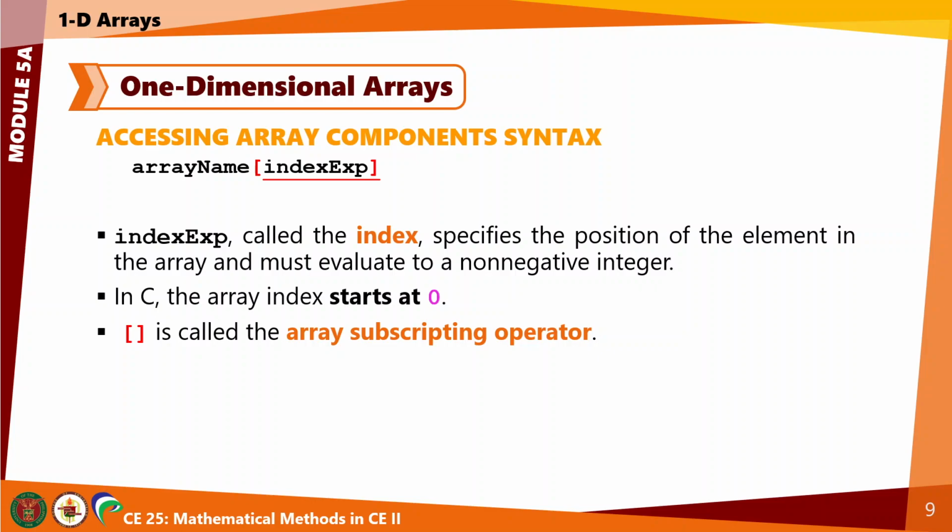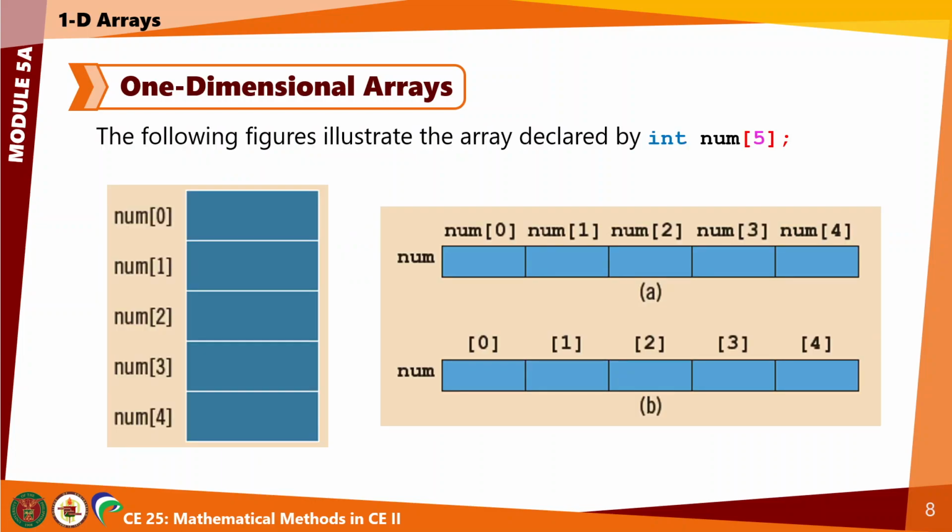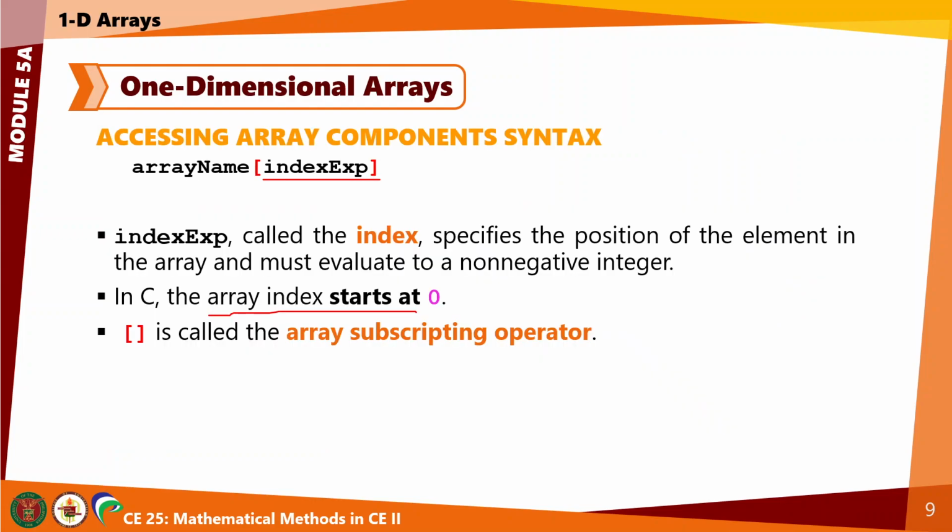Okay, as you can see dito sa second bullet, yung array indices natin always start at 0. Okay, as you can see dun sa figures kanina, laging 0 yung index ng first element natin. Okay, so yung array indices natin start at 0, tapos itong bracket na to is called an array subscripting operator.